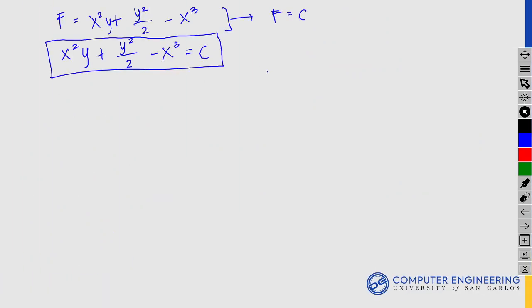Just to check if what the textbook says is true, let's try to solve this again.